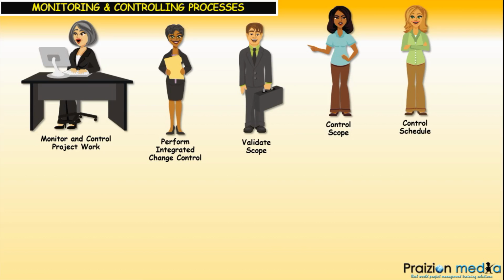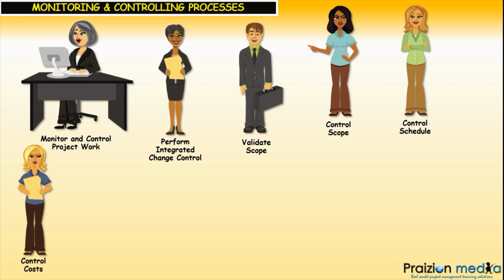The next process here is control schedule, making sure that the team is on schedule, making sure there are no delays and there are no changes, and if there are changes, they must be passed through the right process. The next process here is control cost. Again, the PM is controlling those cost expenditures to make sure that they are being spent on what exactly was identified, no more, no less.